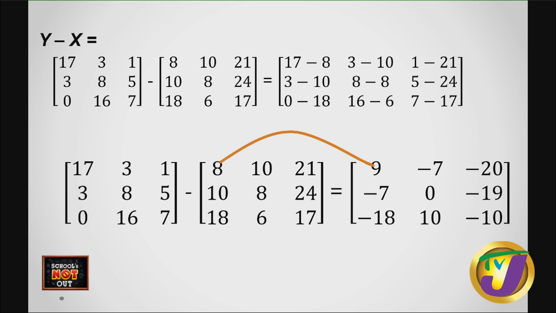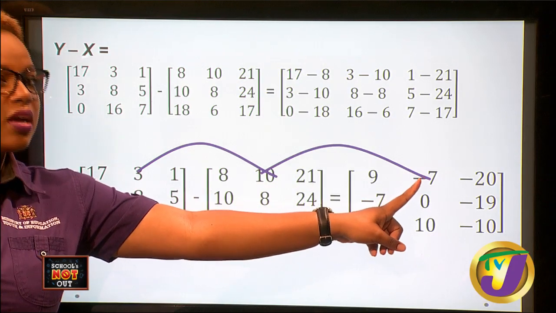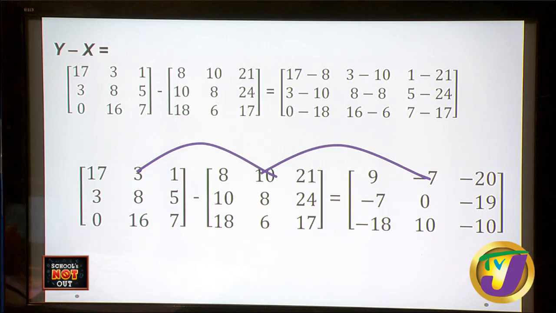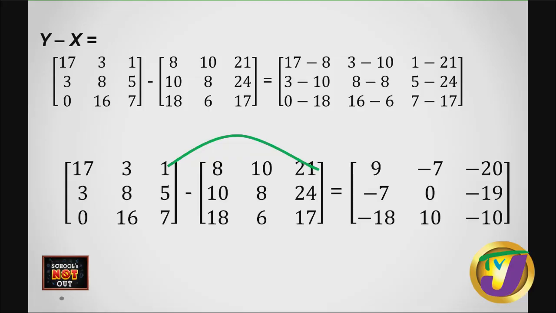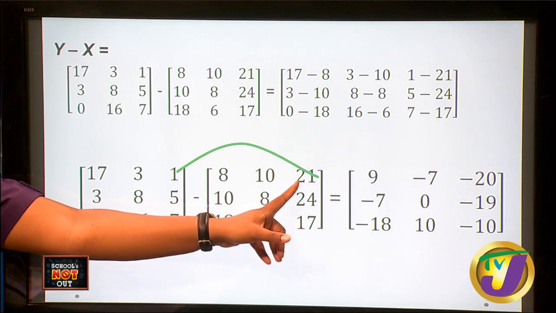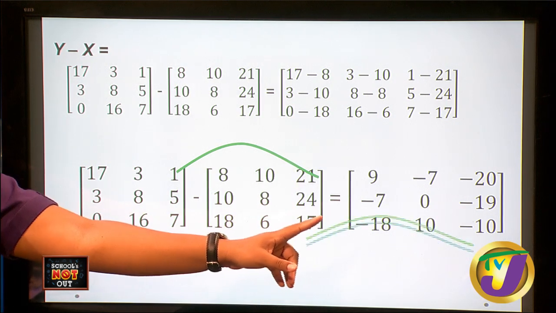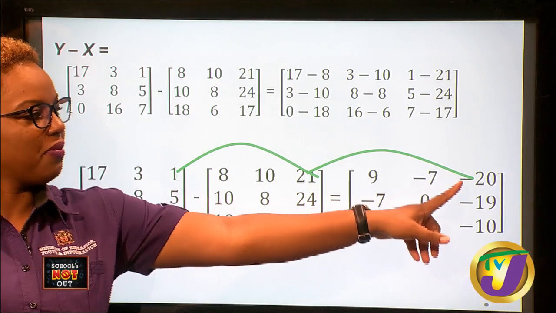Let's take the second response: first row, second column, first row, second column. It has to correspond each time. Here we go again: first row, third column, first row, third column.